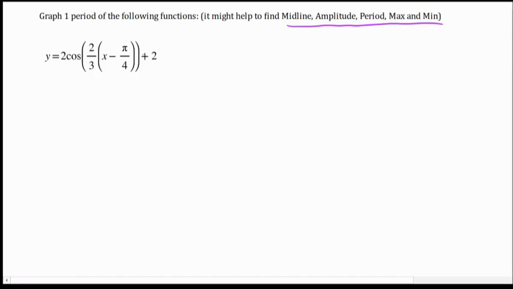First of all, I always start with the midline. I see that the midline is at the y value of 2, and then I use the amplitude to tell me that the maximum is going to be 2 units above that, and the minimum is going to be 2 units below that. That helps me create a better looking graph.